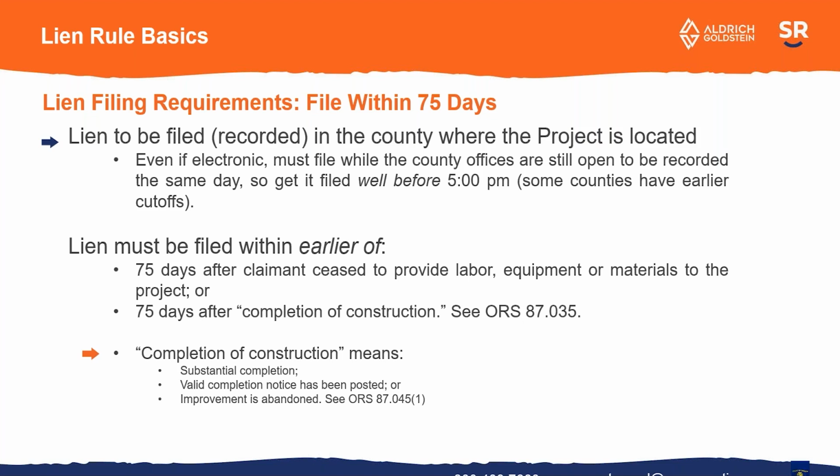If you have a good, timely, well-thought-out lien that's got the backup information that we'll talk about, then you're more likely to get whoever's advising the owner to just say, look, just pay this thing and get the lien off the property, and you're good to go. If you're close to that 75-day deadline, it gives people kind of an incentive to fight over the particulars and the details, because like I said, lien law is very, very technical. So give your lien service plenty of time to file and protect yourself.